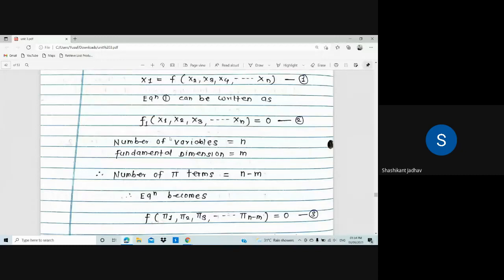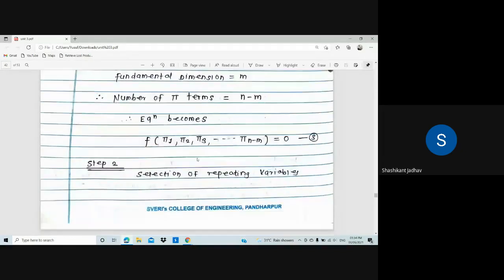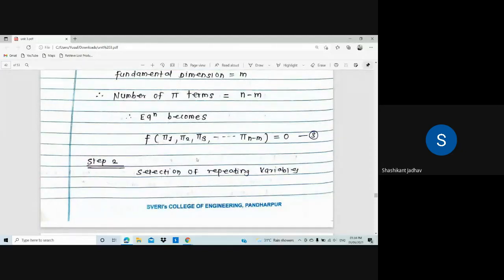That many pi terms there will be, n minus m pi terms. So therefore f of pi 1, pi 2, pi 3 up to pi n minus m is equal to 0, and this is equation number 3. Okay, so all of you write down: number of variables denoted by n, number of fundamental dimensions m, number of pi terms n minus m.